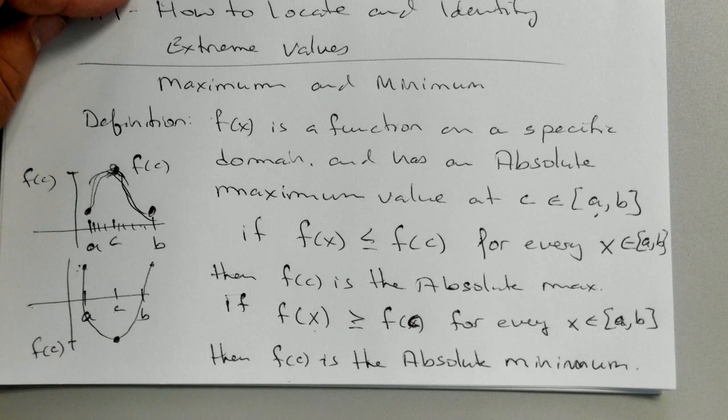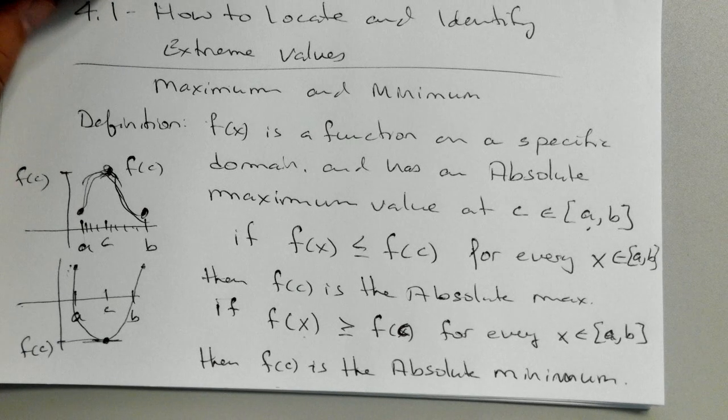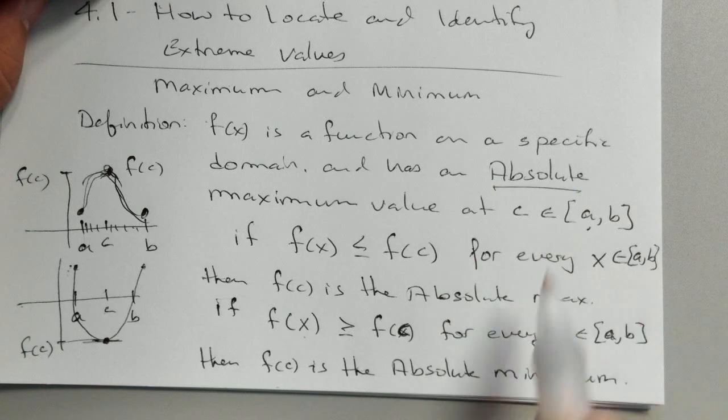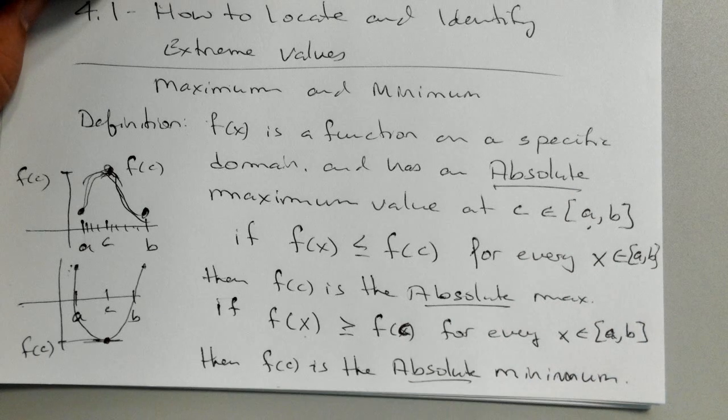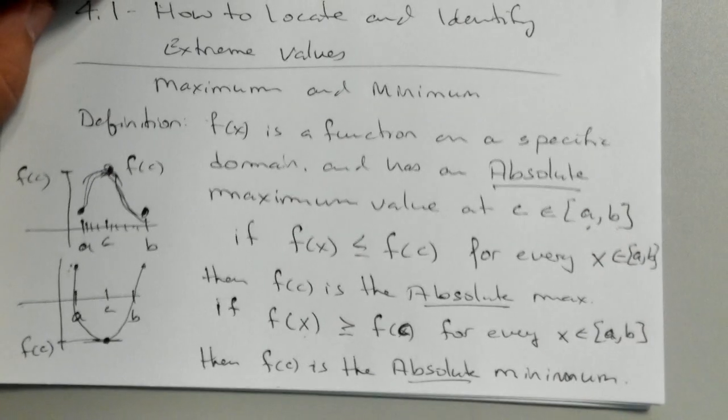Here's our f of c. If the value of f of c is lower than all the other values of that function in the domain, and it extends even further than that now. If it's absolute, then we don't have to stay within a finite bound.